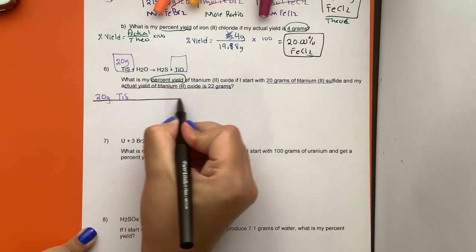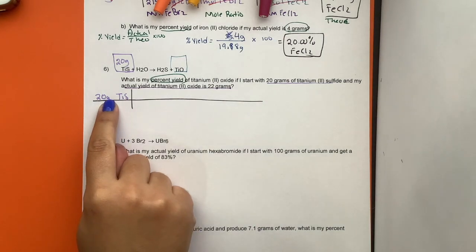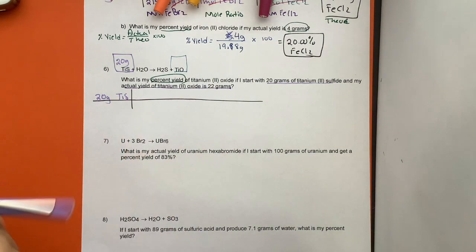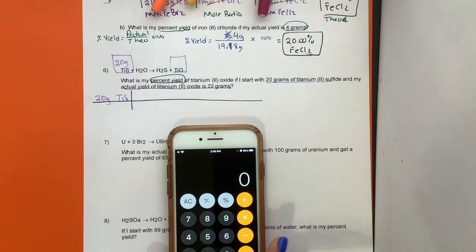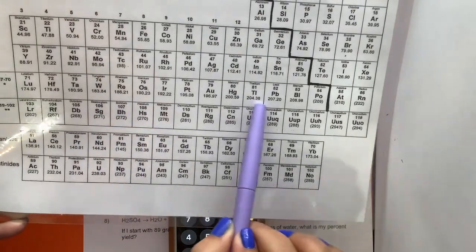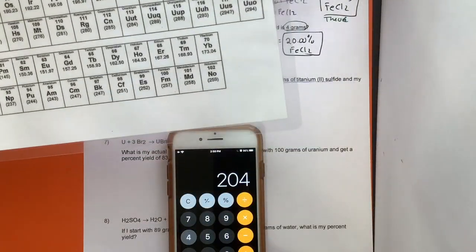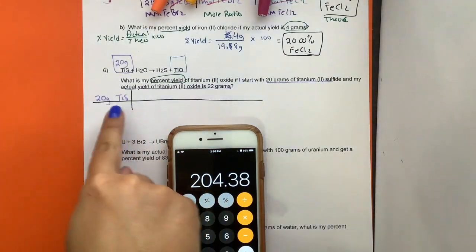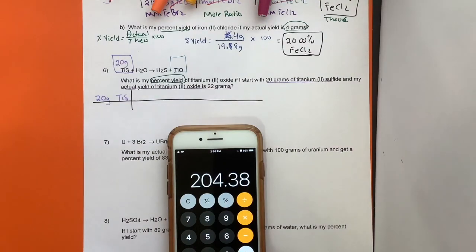The way I do that is by doing stoichiometry. My first step, since I am starting off in grams, is to use the molar mass and divide by it. Okay, so I'm going to get my periodic table. Ti is titanium. It has a mass of 204.38, plus the mass of 1 sulfur, 32.07.